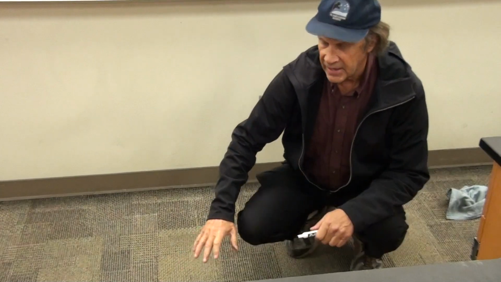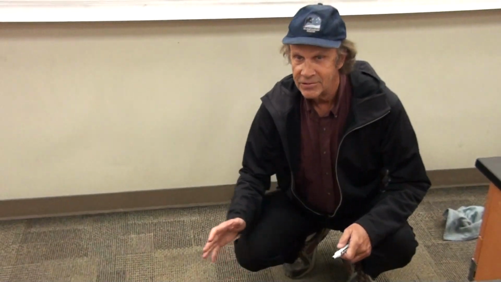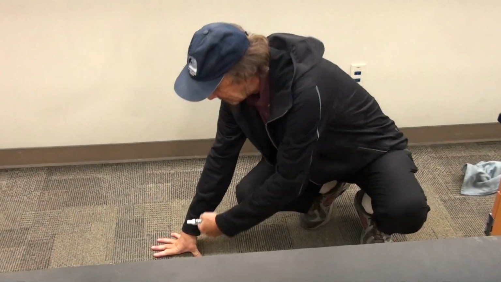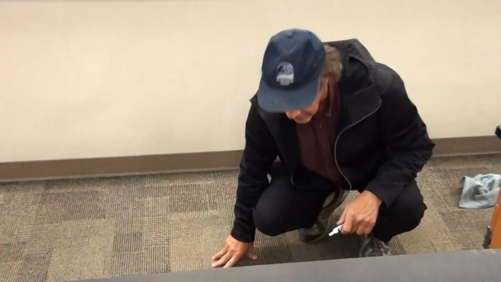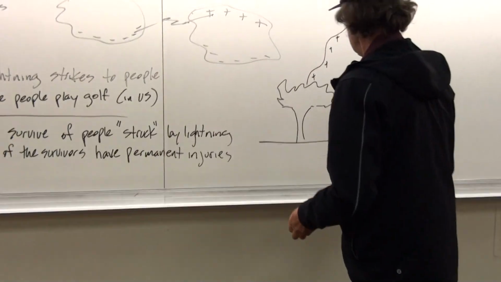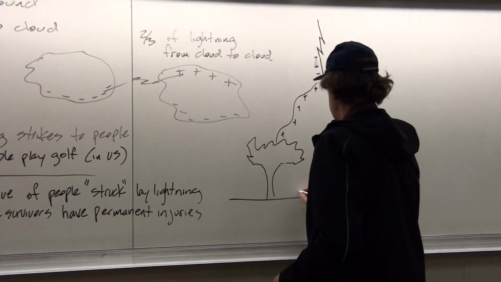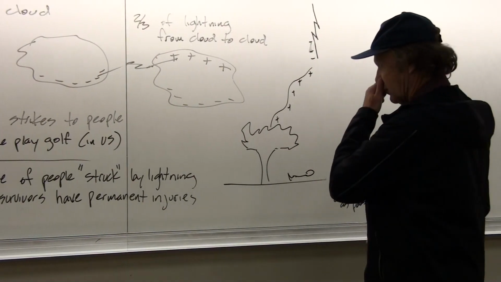Because if I'm unstable, then I might fall this way, and by Murphy's law, that would be the moment that the lightning bolt strikes, and then it can travel up this unfavorable path through my heart. And so you want to be low, but not too low, because if you're all the way down on the ground like this, then you're less likely to be struck directly.